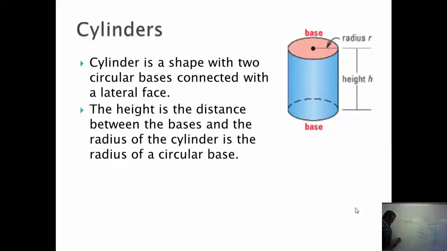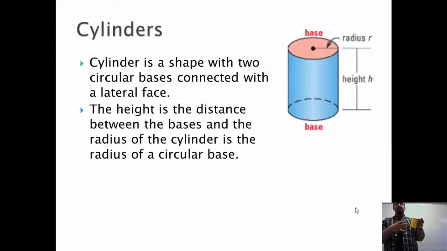So, a cylinder is a shape that's like a prism in that it has two bases, a top and a bottom. But each base now, instead of being a polygon, is a circle. So when I look at this shape here, it looks like maybe a soda can, maybe some sort of vegetable can, or aluminum can. But either way, circle top, circle bottom, connected by a face.